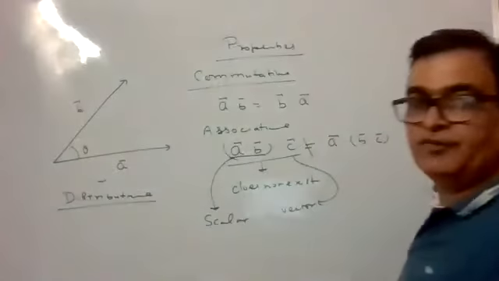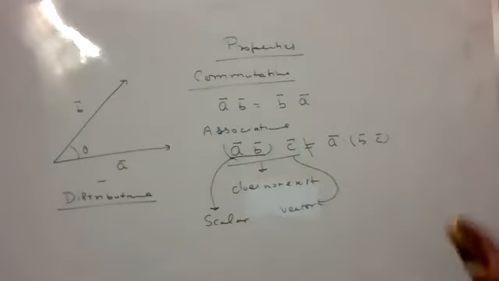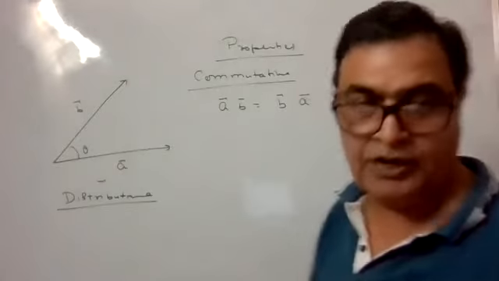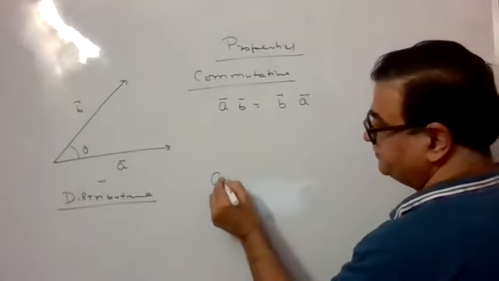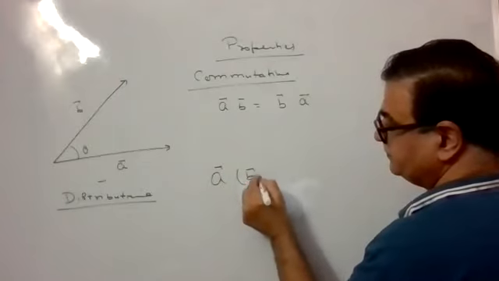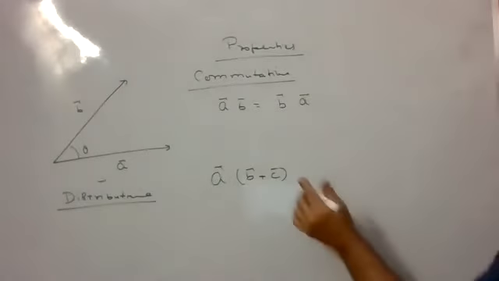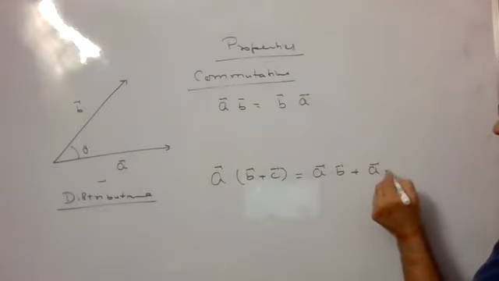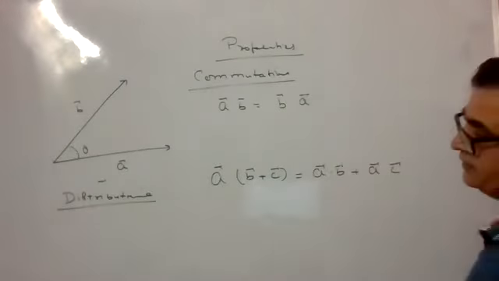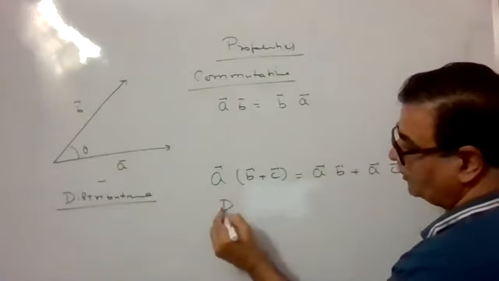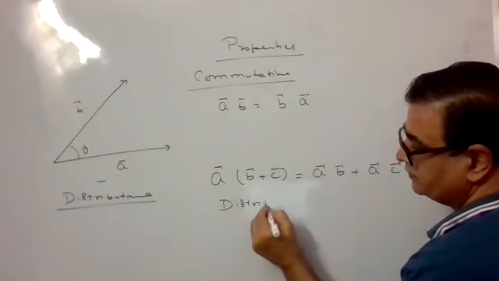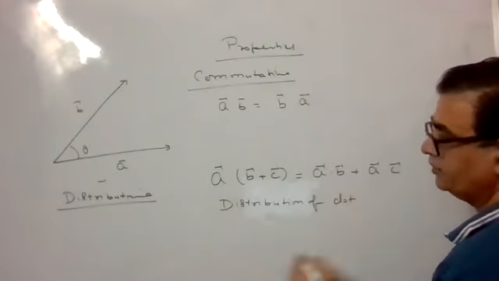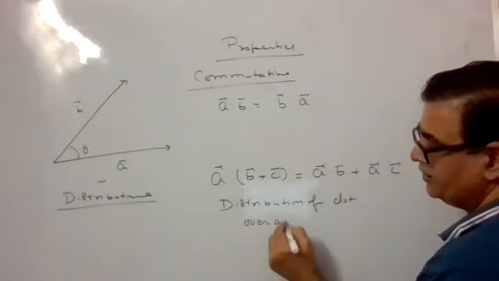This was the last property I think we were discussing, distributive property. What does this distributive property say? It says that if you have A dot (B plus C), then it comes out to be A dot B plus A dot C. This is called distribution of dot over addition.